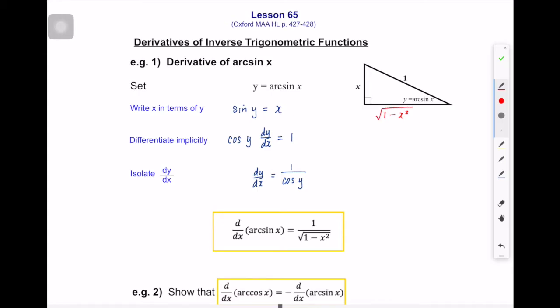In other words, cosine y in this particular triangle is adjacent over hypotenuse, which is 1, and we don't have to write that down. As a result, the derivative of arcsine x is 1 over the square root of 1 minus x squared.